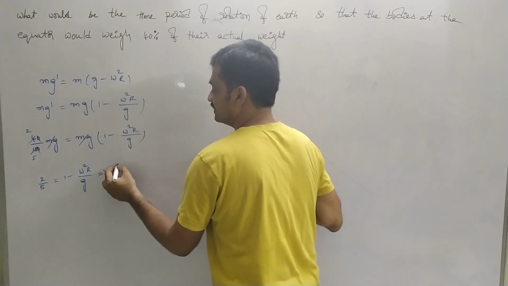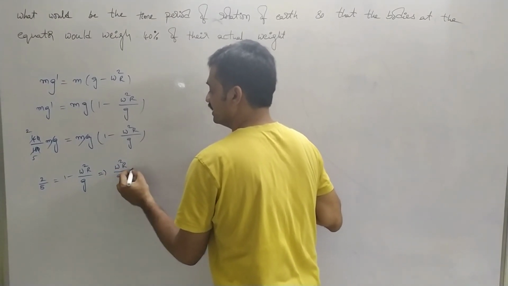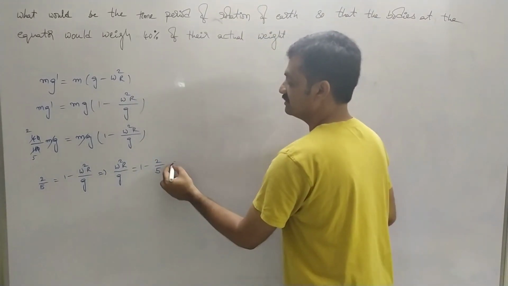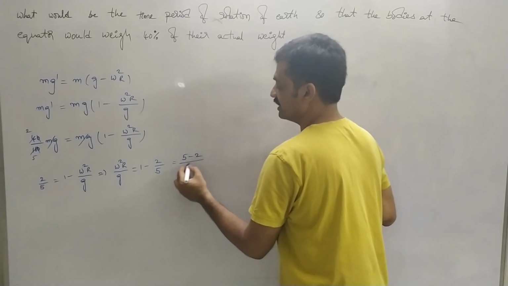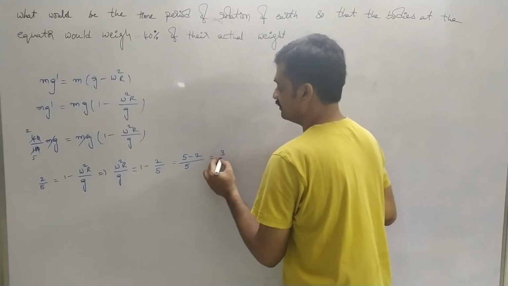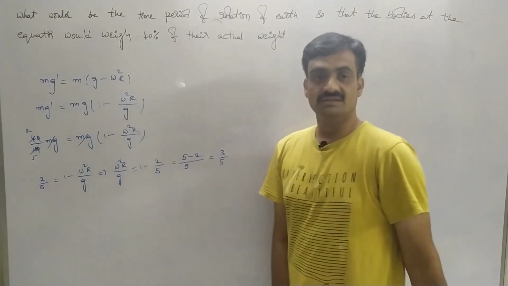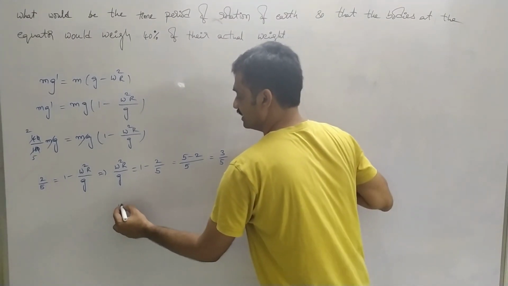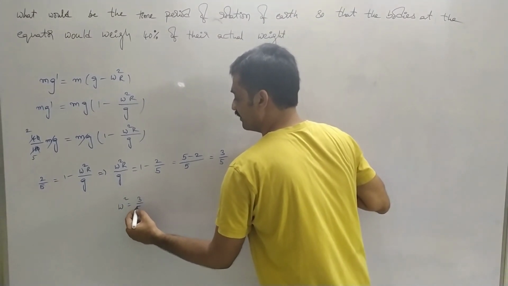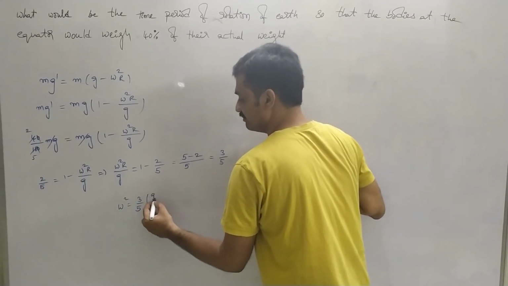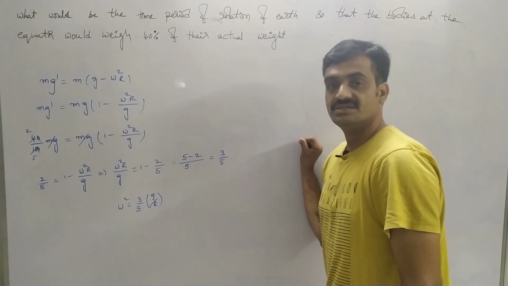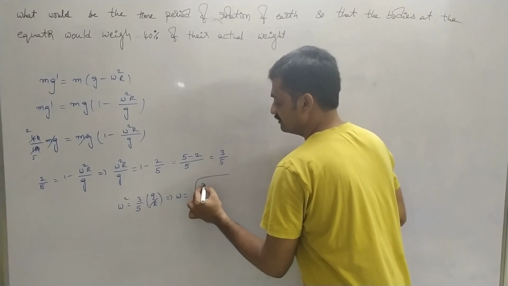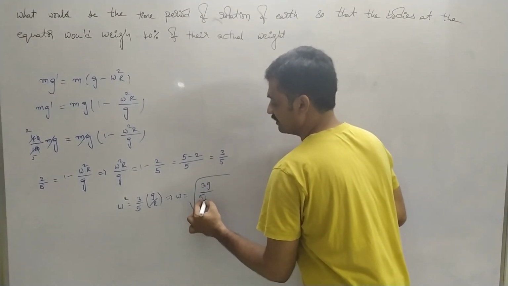Doing the LCM, we get 5 minus 2 by 5, which is 3 by 5. So omega square r by g equals 3 by 5, then omega square equals 3 by 5 of g by r. Then omega equals under root of 3g by 5r.